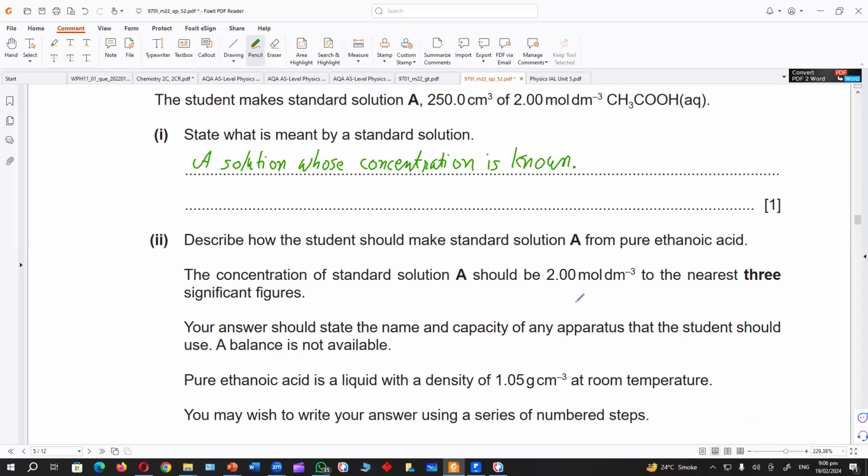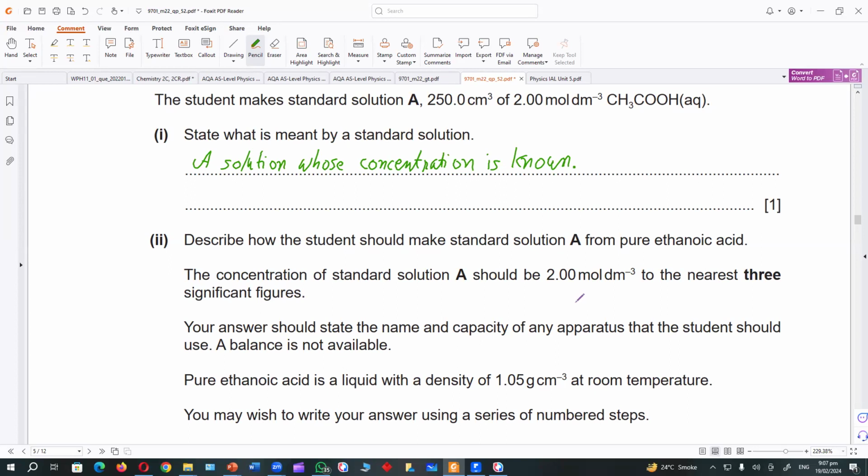Describe how the student should make standard solution A from pure ethanoic acid. The concentration of standard solution A should be 2 mol per dm³ to 3 sig fig. Your answer should state the name and capacity of any apparatus that the student should use.